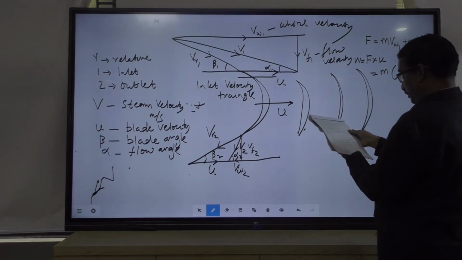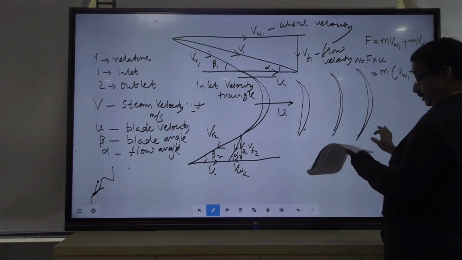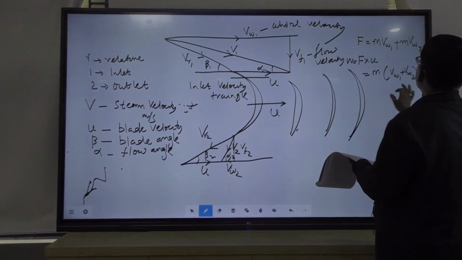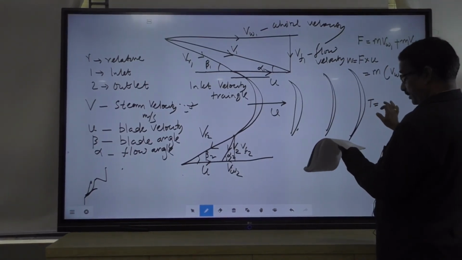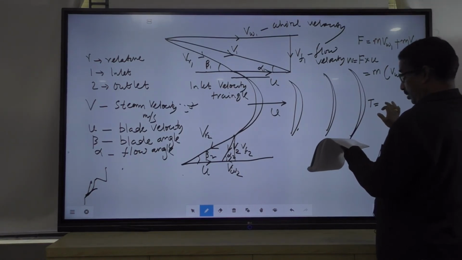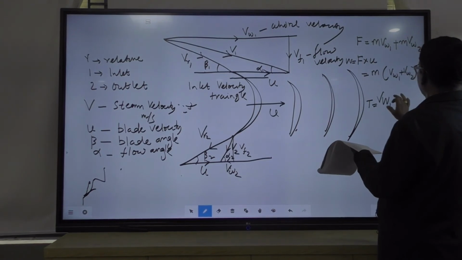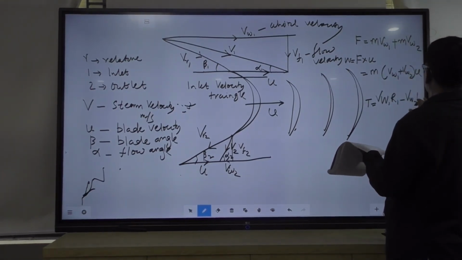Now, to get it in terms of torque, T will be this, your work output. Another equation is torque T equal to m (Vw1 R1 minus Vw2 R2).